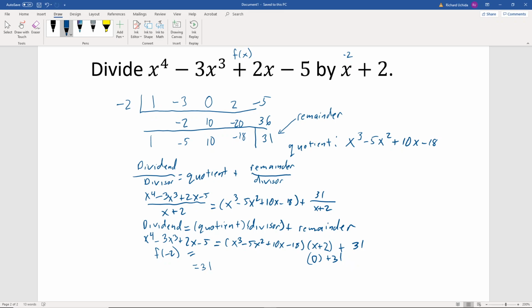So what it turns out is that the value that we get when we plug in negative 2 into the function is the same thing as the remainder when we divide by x minus that number. So that's going to be the way it'll be helpful for you to verify if a number is a zero of a polynomial function. And so to do that, you've got to remember how to do your synthetic division.